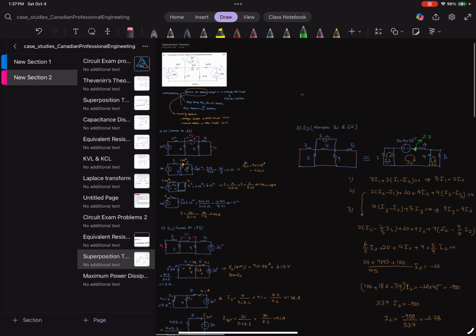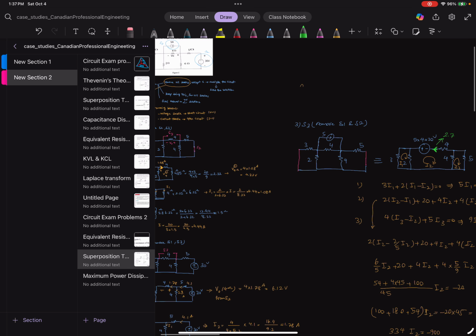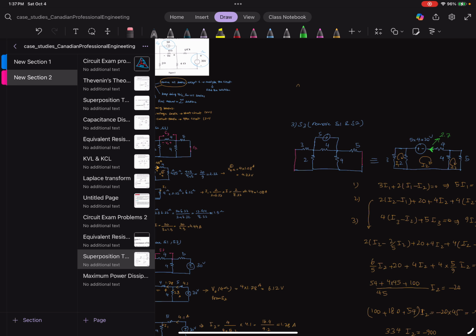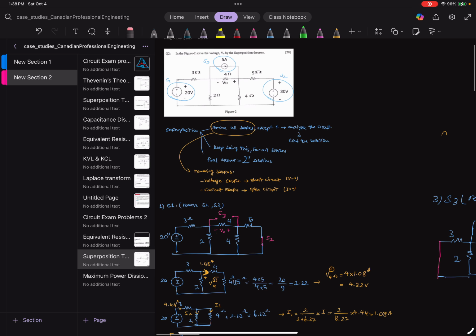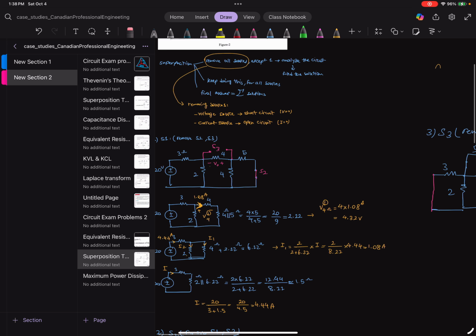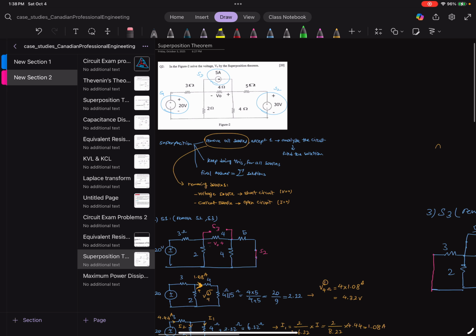Okay, so from all sources, let me go back here. We had 1.08 in this direction. This is our 4 ohm. S1 was 1.08 amp in this direction.